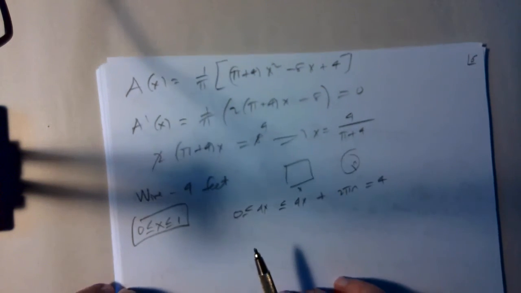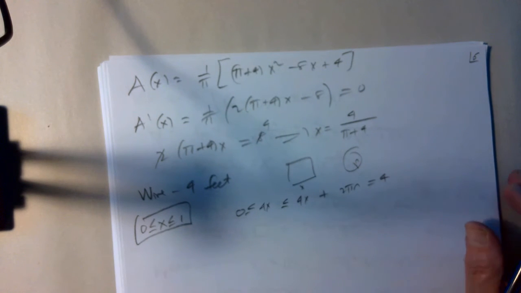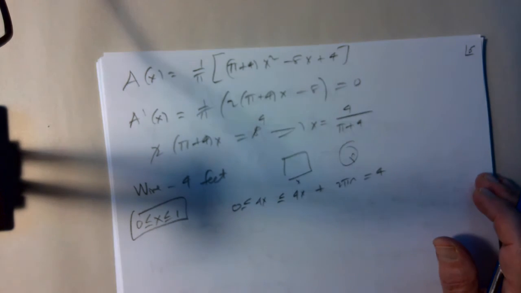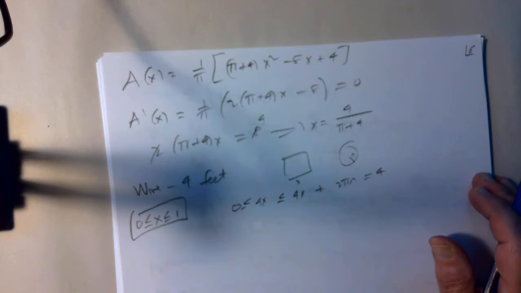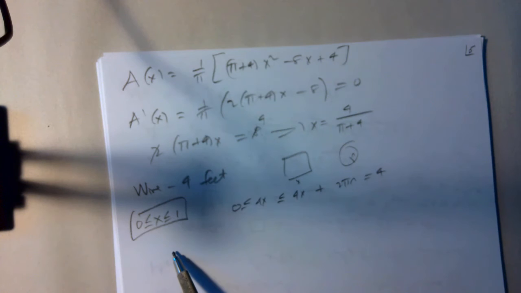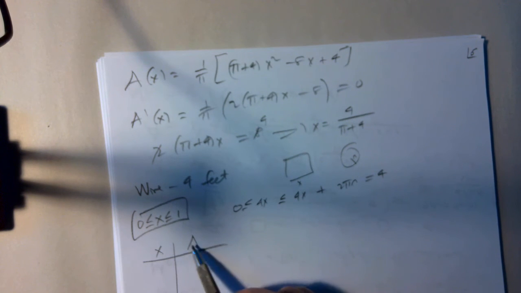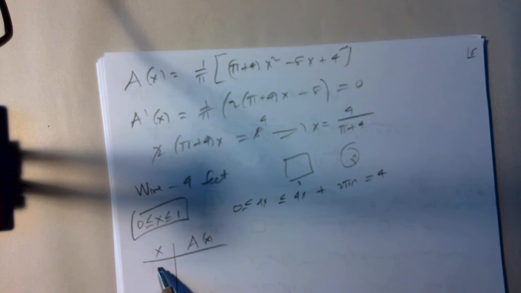Now, when we're trying to find the absolute value of a function on a closed interval, we have to evaluate the function at the critical points and also at the endpoints of the interval. So here I have my different values of x, and here I'll put the area. So I have, first of all, the point 4 over pi plus 4 in the inside of the interval, and the endpoints 0 and 1.